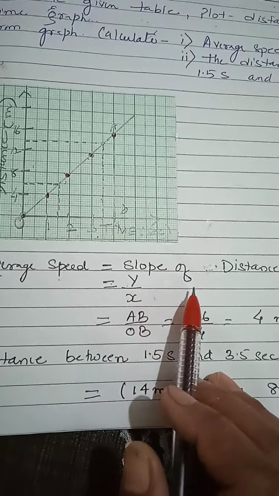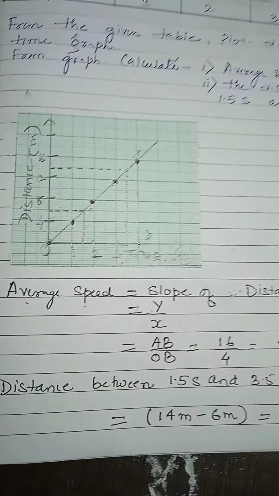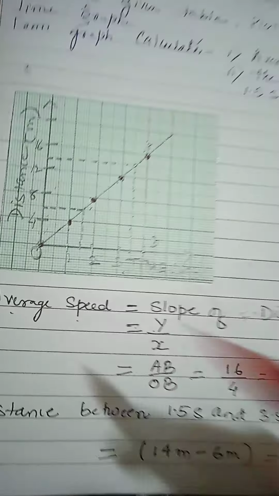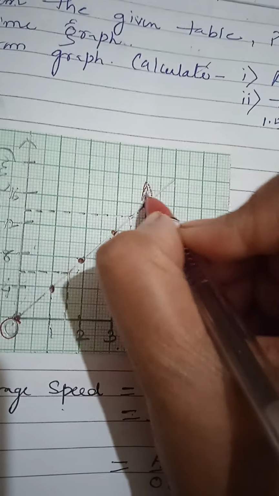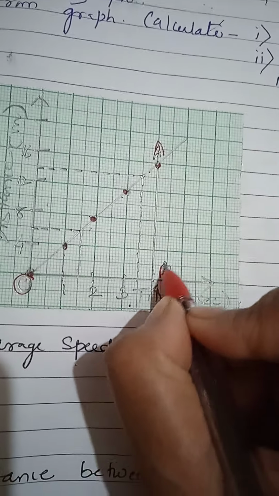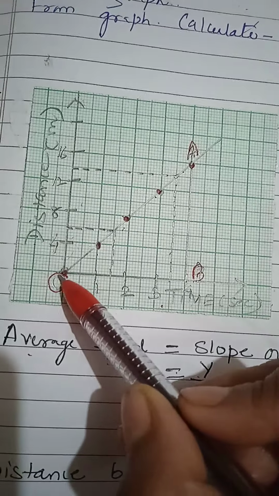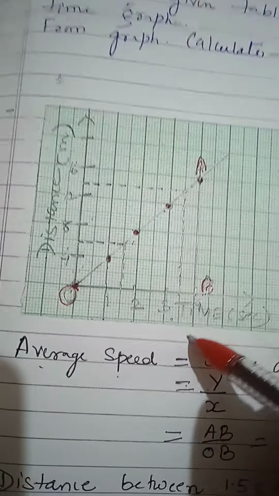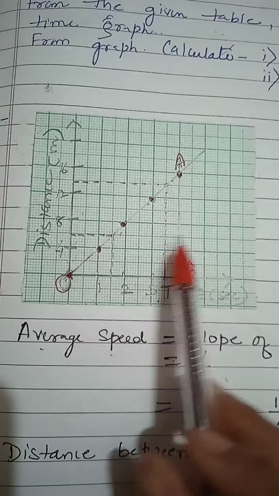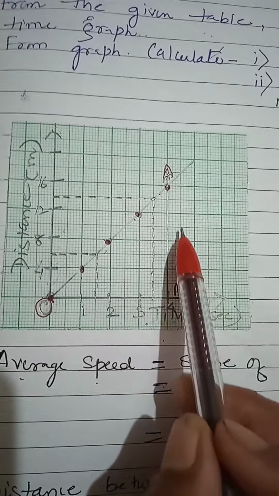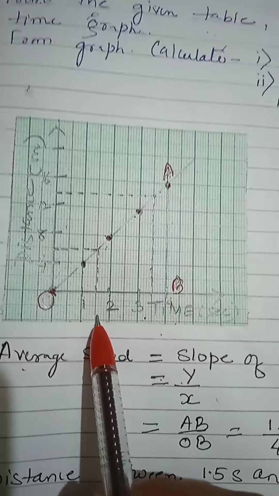So to find the slope, we need a triangle. So you construct one triangle. This is O, this is A and this one is B. So if you see, this is the triangle OAB. So in this triangle OAB, the slope will be y by x.